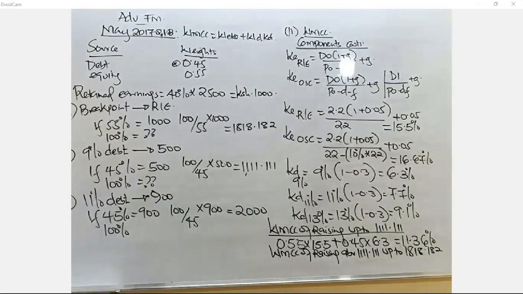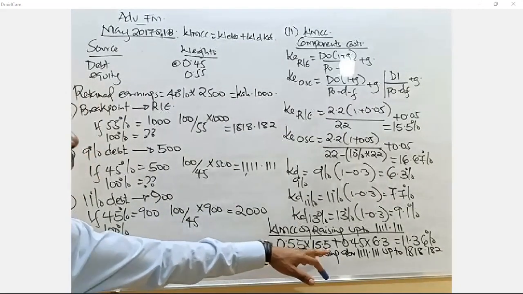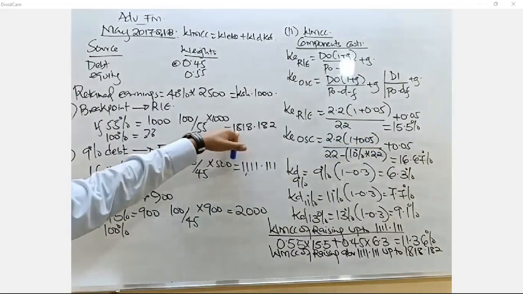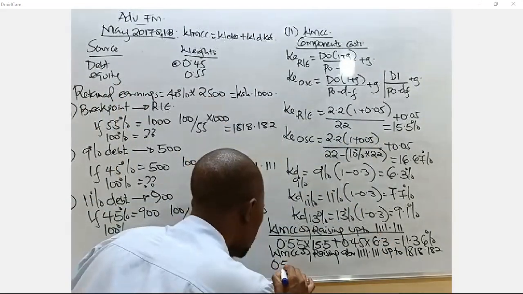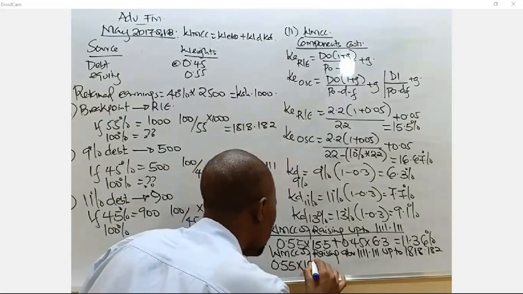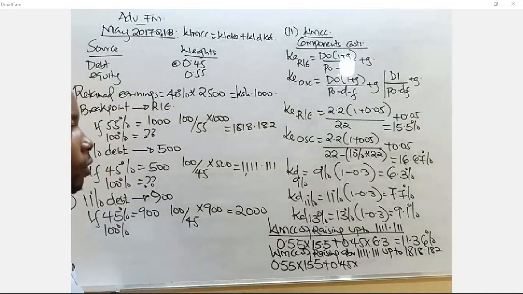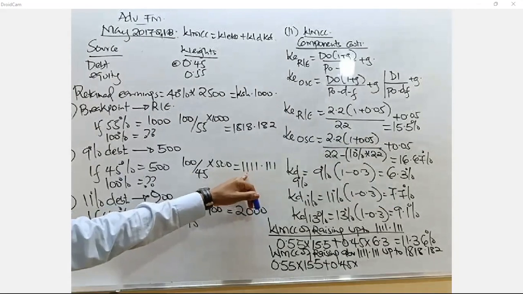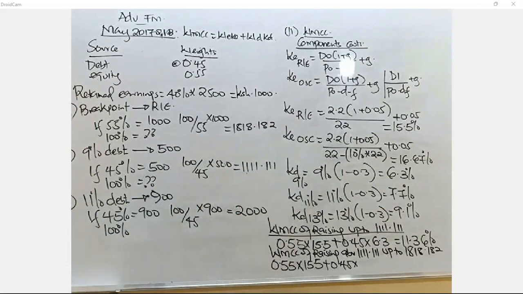In simple terms, on the side of equity we are still using 15.5 because the retained earnings is raising up to 1.82 million. This is the maximum it can raise. So still on the side of equity, 0.55 times 15.5 plus 0.45 times, now we are not using 6.3. The reason being, 6.3 can only raise 1.1. Above that, it cannot raise. So which one is the next cheaper source of financing?